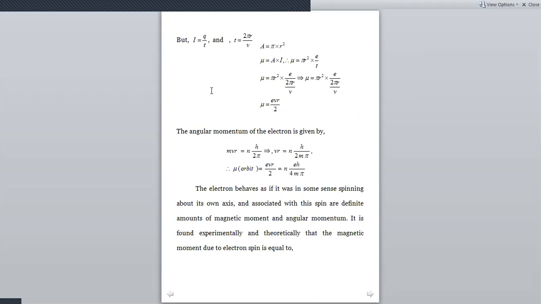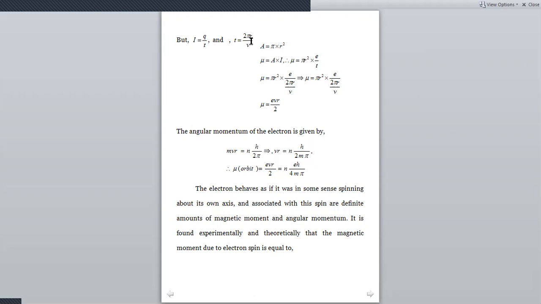Here, we will derive the equation for the magnetic moment of the electron. You know, the magnetic moment is given by mu equals current into area, where area is the area of the loop, and I is the current. And you know the current I equals Q by T, where Q is the charge on the electron and T is the time period of the oscillation.